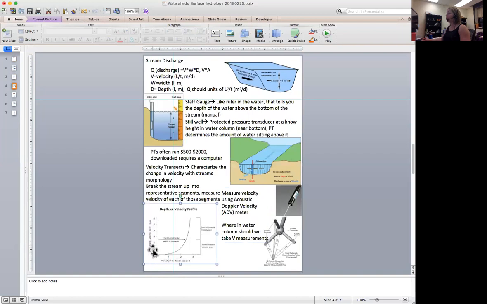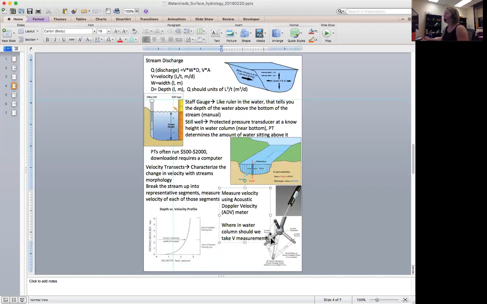So here within like 0.1 to 0.2 feet, we see that the velocity is quite controlled by that drag force. And so what oftentimes we do is we say, okay, well, what is 60% of the depth of the water column? And if we're going to take only one measurement, we take it at 60% the depth of the water column to reduce the influence of that frictional force on the velocity itself.